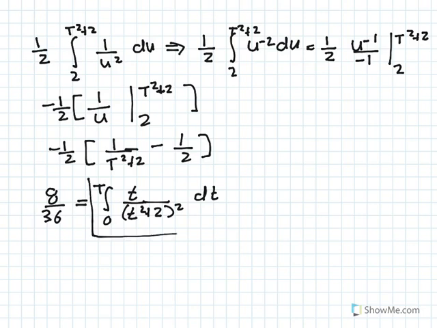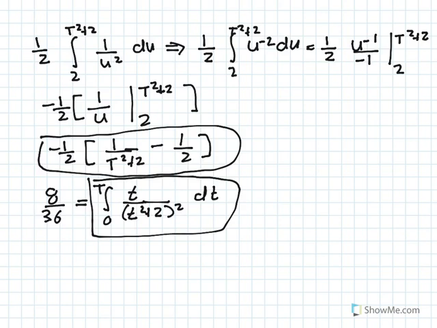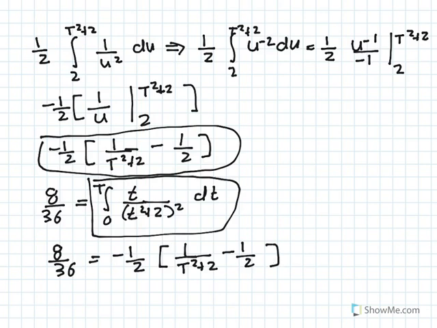Now, we solved this part, and the result is right there. So let's rewrite this as 8 over 36 is equal to negative 1/2 times 1 over t squared plus 2, minus 1/2. Let's multiply both sides by 2.